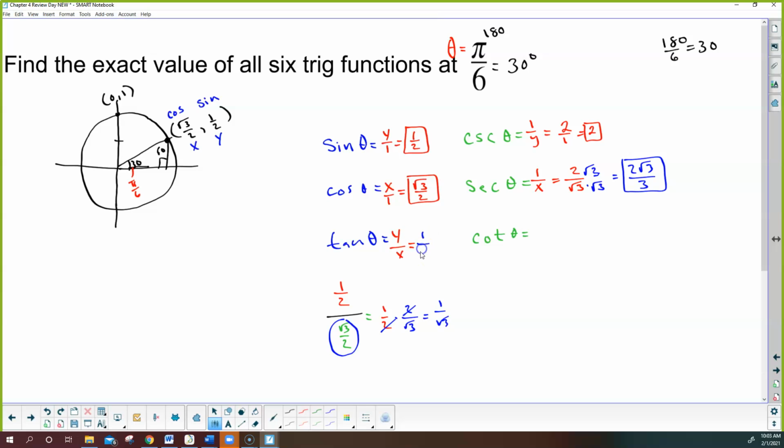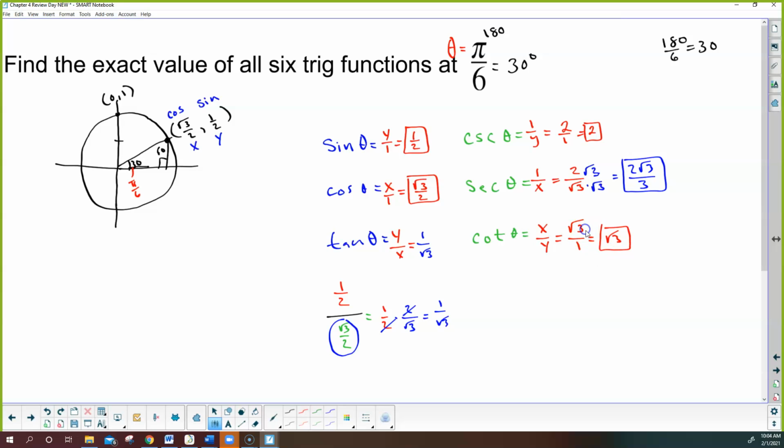Now, I'm going to write this here, even though that's not my answer, right? We don't like that square root in the bottom, but why do I want to write it now? It's because I have to take the reciprocal to find cotangent, which is x over y. And the fact that I have this written friendly, if I take the reciprocal of that, then that just gives me square root of 3 over 1 or square root of 3.